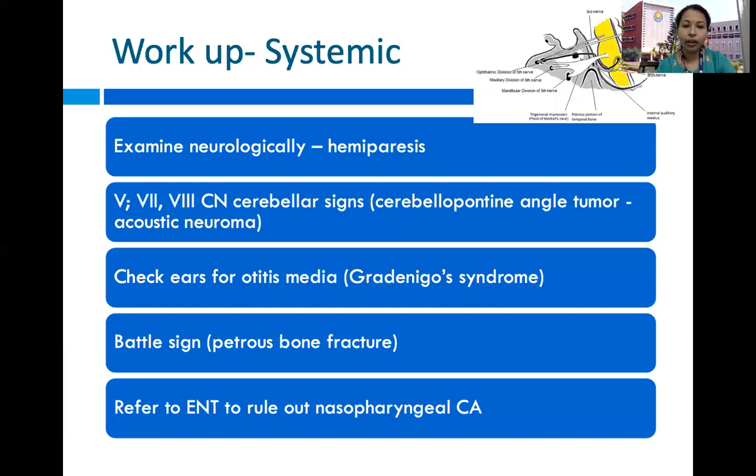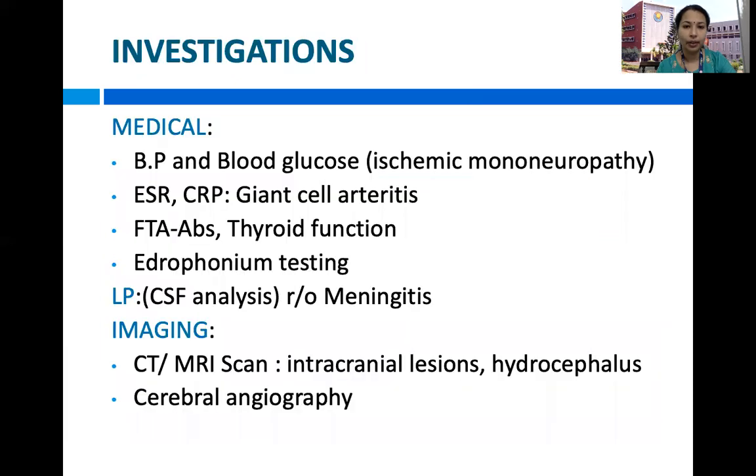Then check for a middle ear infection or otitis media to rule out Gradenigo syndrome. Then look for a Battle sign, which is an ecchymosis over the mastoid area, which can indicate a petrous bone fracture that may have a sixth nerve palsy. And in certain conditions where you're not able to identify any ocular pathology, it's better to get an ENT evaluation to rule out a nasopharyngeal carcinoma.